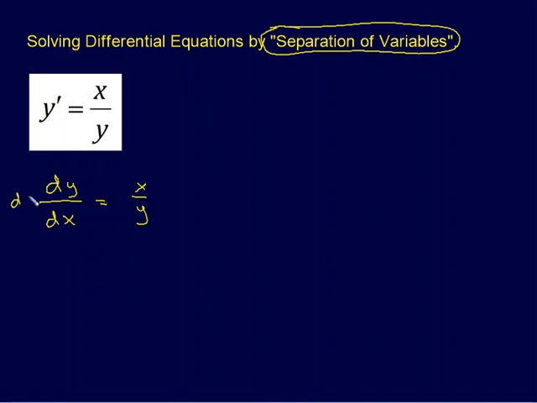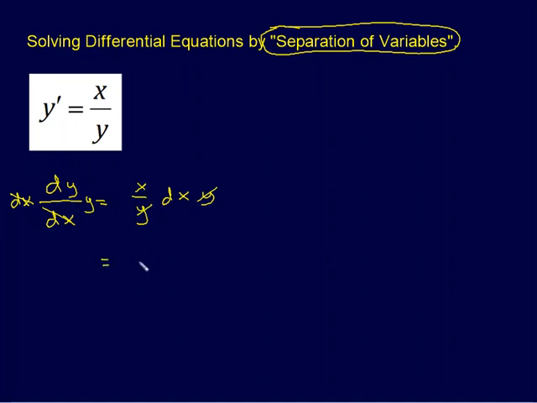So I can do things like multiply both sides by differential dx and bring dx over to this side. And I can also multiply both sides by y to remove it here and bring it over to this side. So let's just clean this up a little bit.